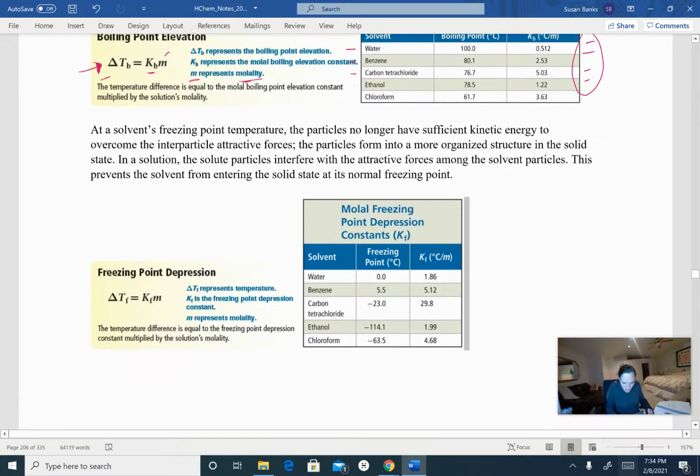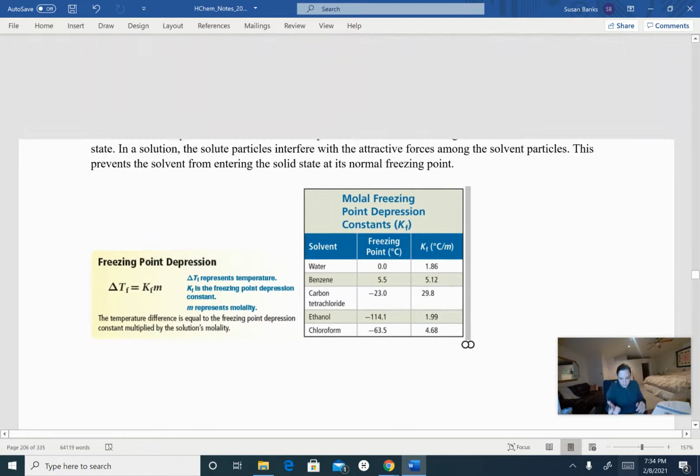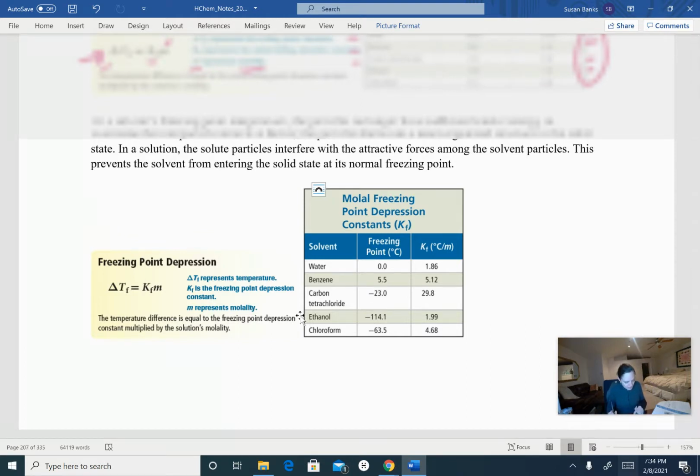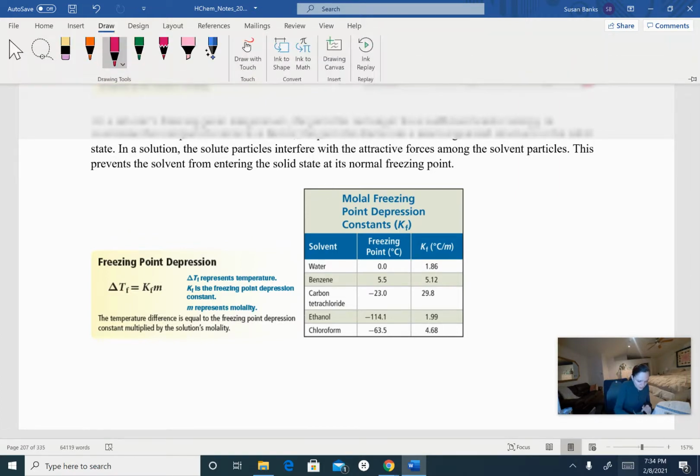Okay? So our freezing point depression constants are, once again, very specific to that solvent, and the formula is fairly much the same as well.